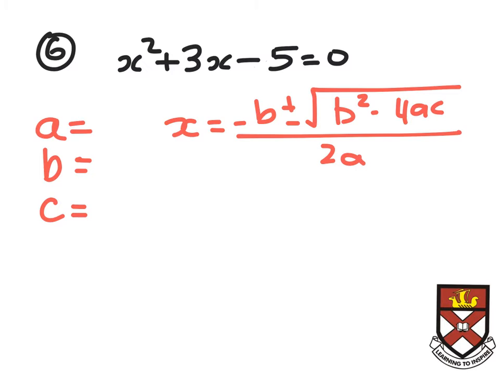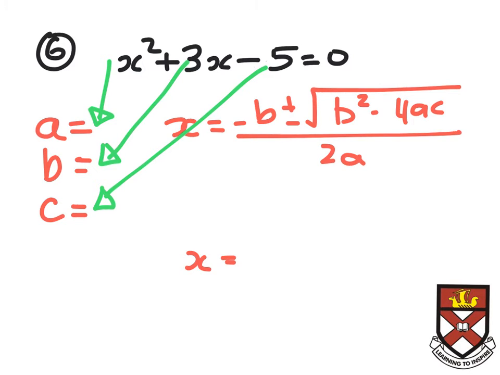Now your a is the number before the x squared, the b is the number before the x, and the c is the number at the end. Plug all of these numbers into the formula. Remember, it says round to 1 decimal place, so get your unrounded answer and then round it off for your final answer.